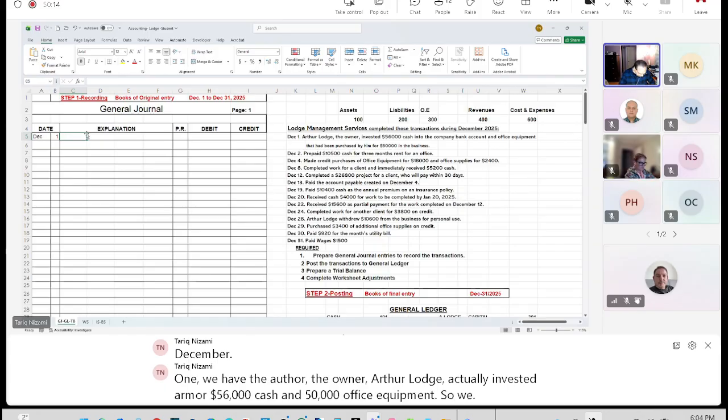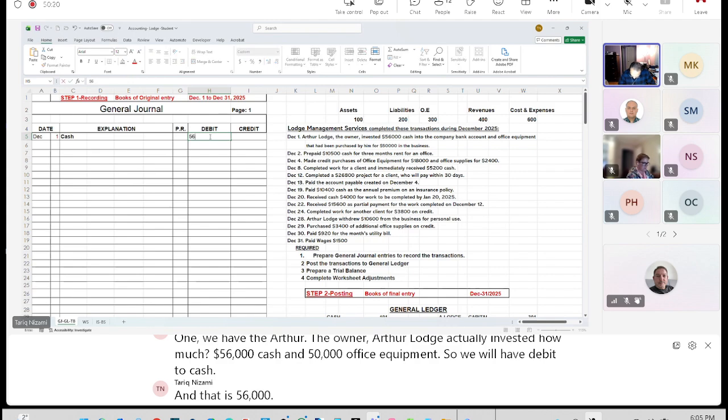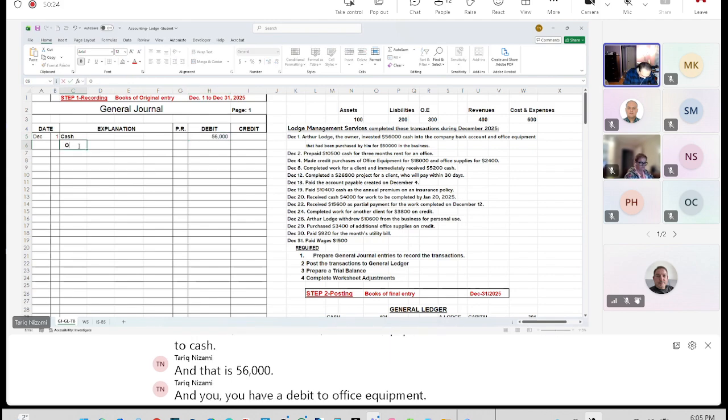So we will have a debit to cash, and that is 56,000. Then you have a debit to office equipment, and that is 50,000.